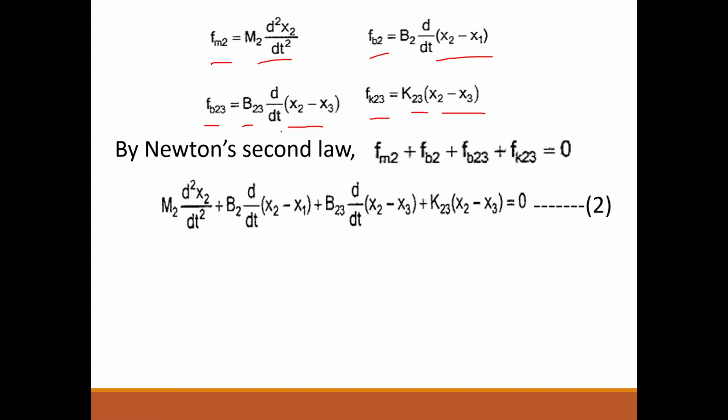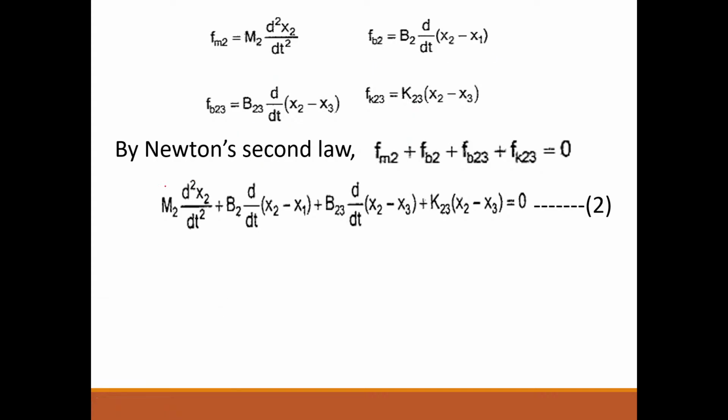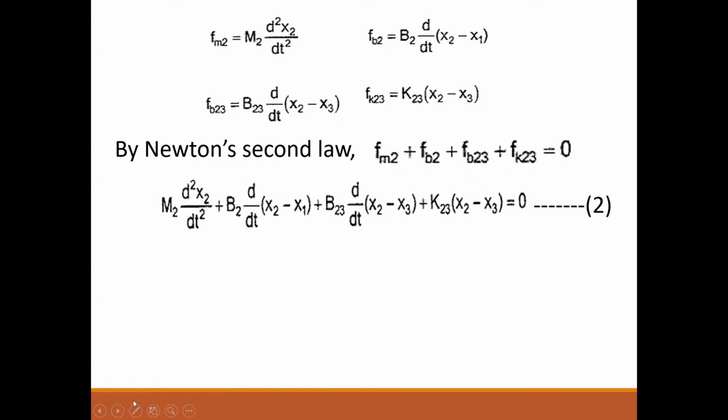Now apply Newton's second law at mass m2. If you apply Newton's second law, there are no applied forces. So applied force is 0. So 0 is equal to Fm2 plus Fb2 plus Fb23 plus Fk23.